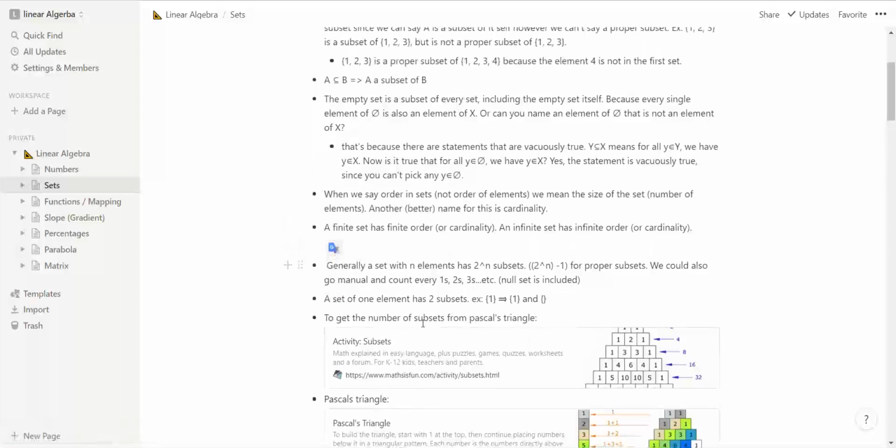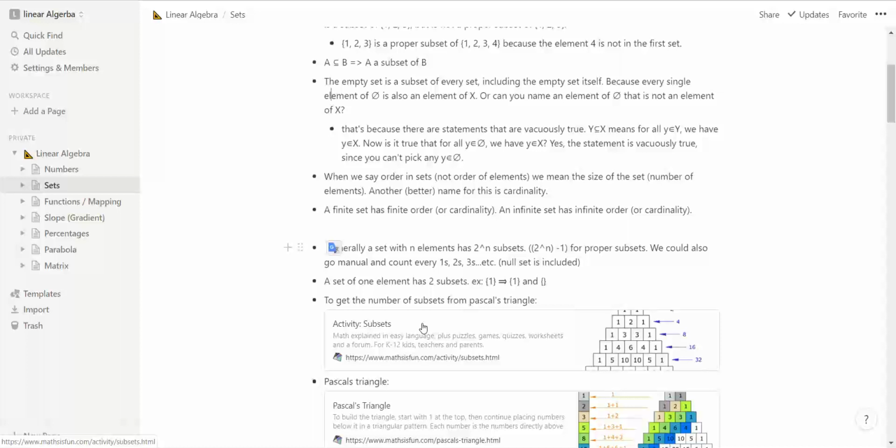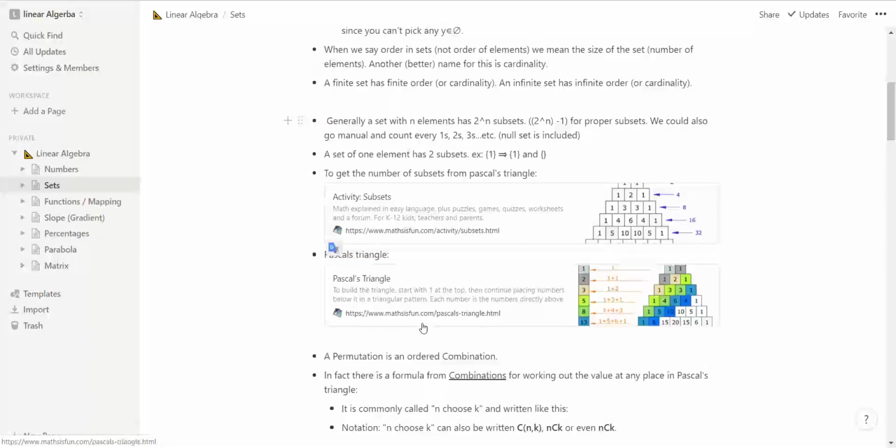Okay, so we can get the number of subsets using Pascal's triangle.